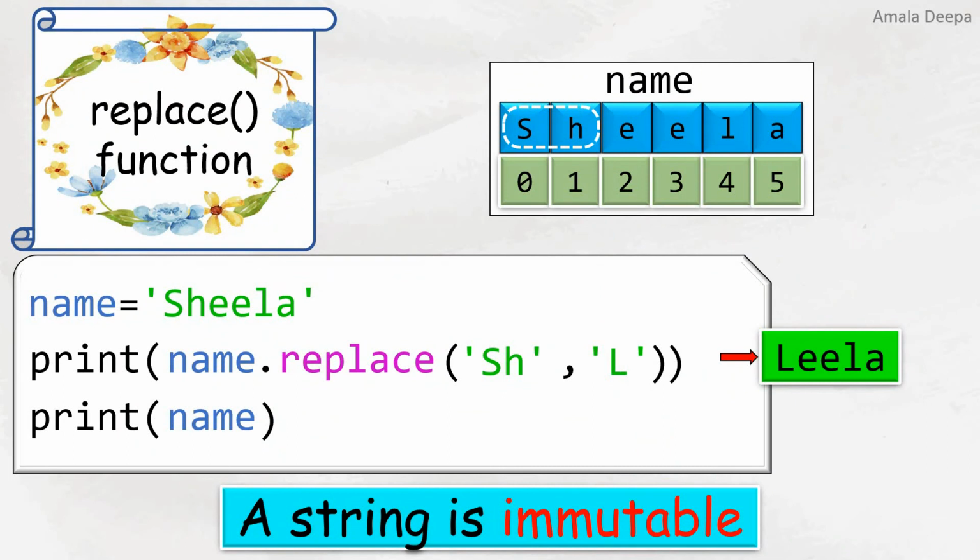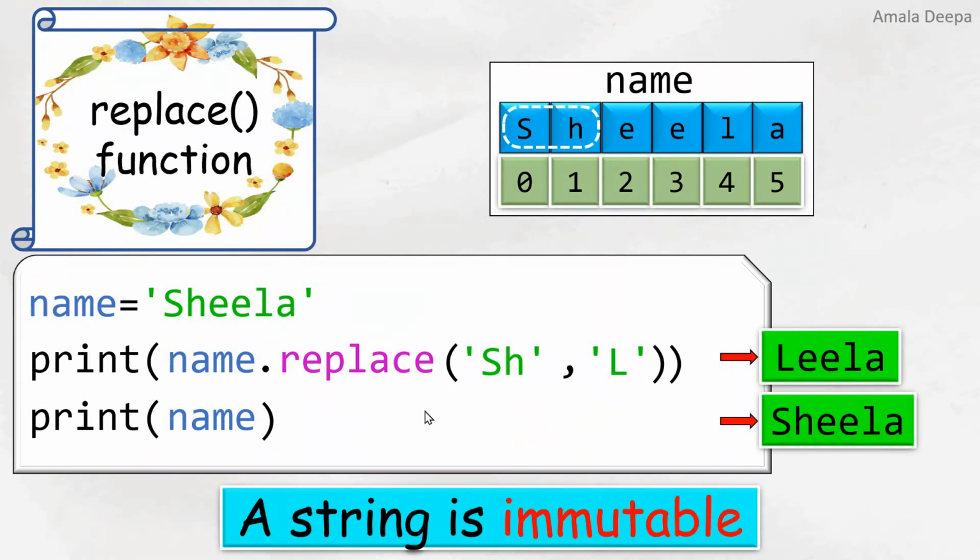Unchangeable. So whatever function you apply to the string object, it will not affect the original string. Here the original string is Sheila, which is stored in name. So this string will remain Sheila. So print name will give the output as Sheila only.